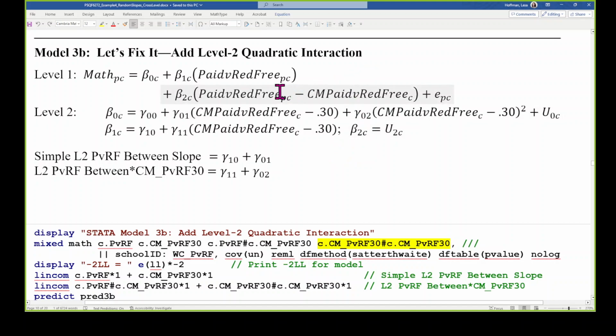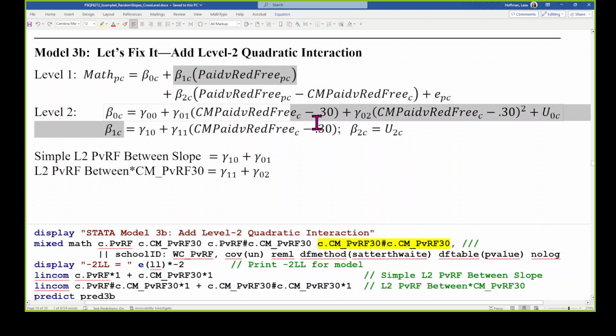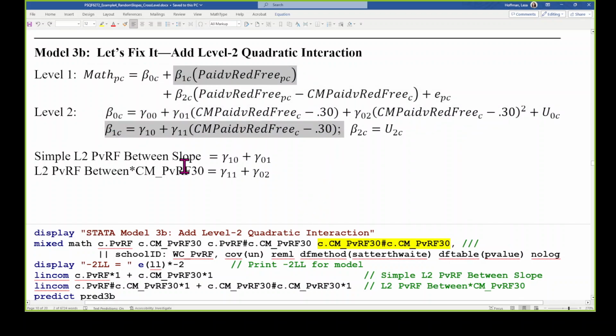So if we look at what's in the story here, I have beta 1 attached to these things. Gamma 10 is the main effect of student level paid versus reduced or free lunch. Gamma 11 is the interaction of the school composition of that variable with the level 1 variable. So this is both a cross-level interaction and an intravariable interaction, I would call it, between the two halves of the same variable.